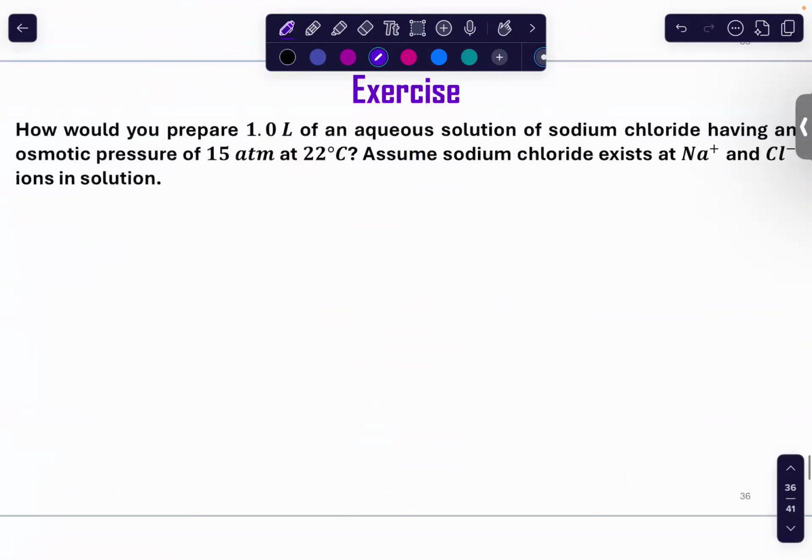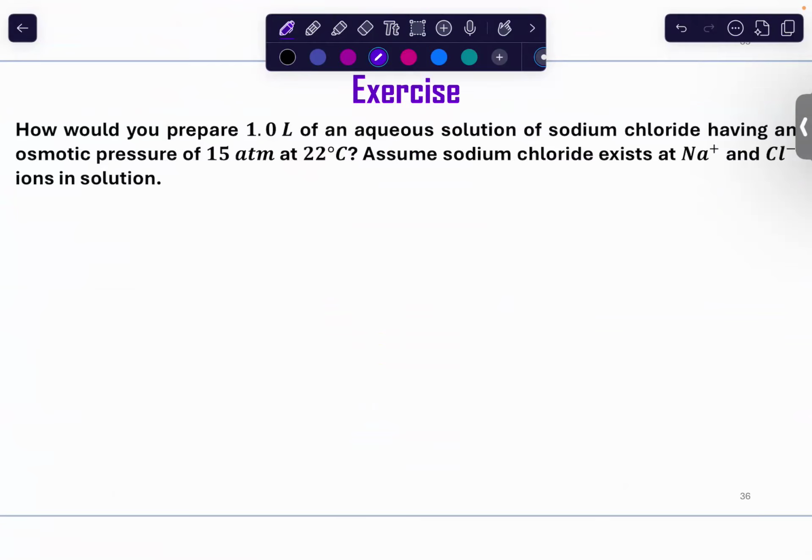All right. Now, these are questions that you could expect to see on any number of exams. How would you prepare this solution? These are typically a little harder to think about. 1 liter of an aqueous solution of sodium chloride having an osmotic pressure of 15 atmospheres at 22 Celsius.